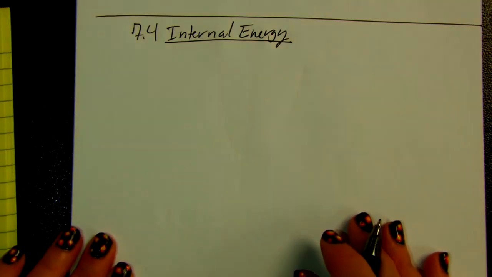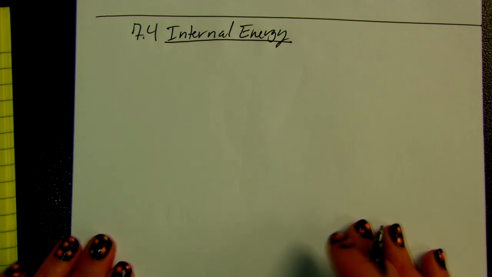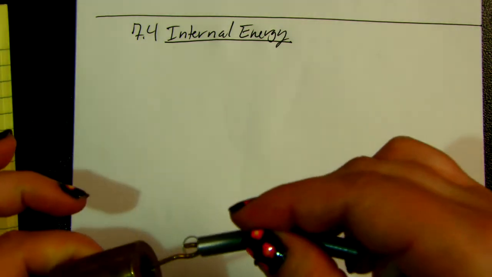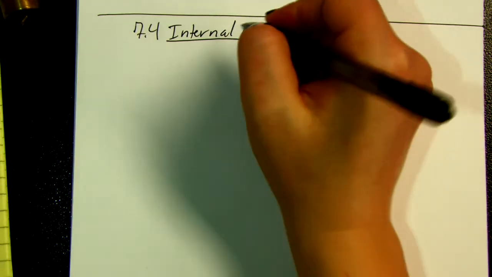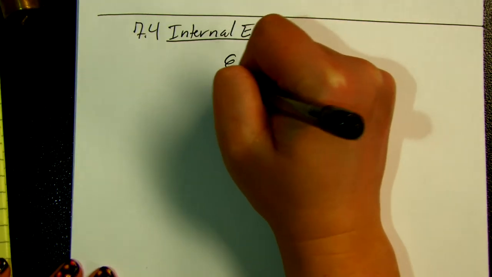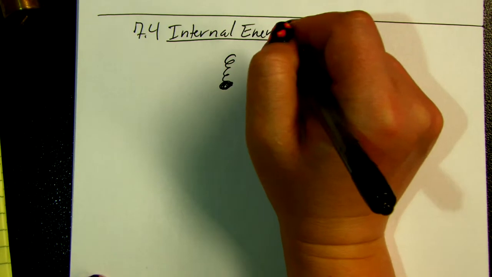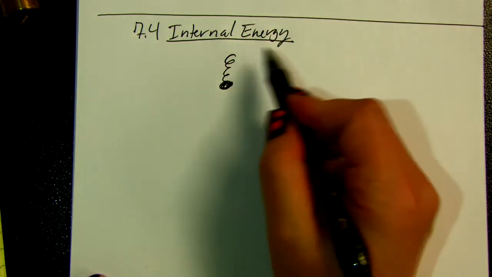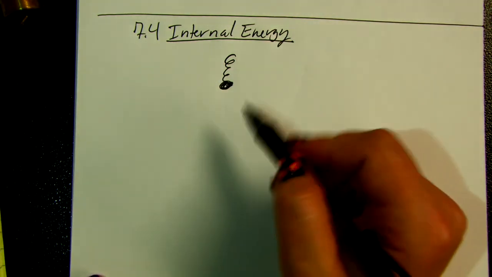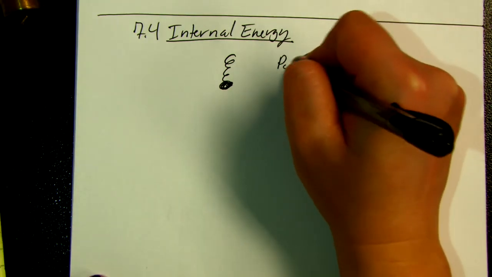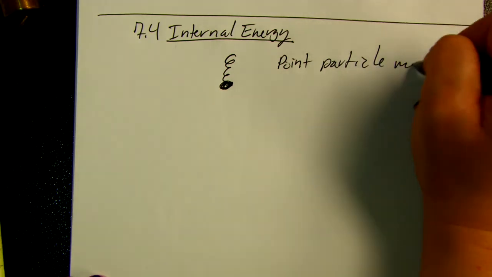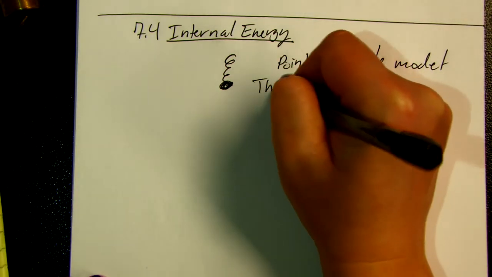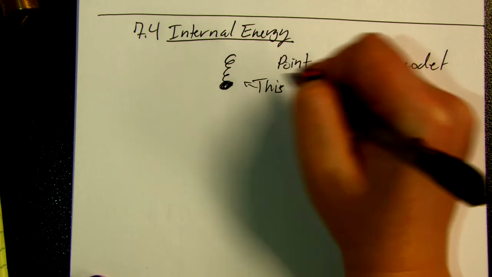All right, so let's consider a ball connected to a spring. Ta-da! There it is. Now, if we model this particular system like a point particle, so point particle model, this becomes this.